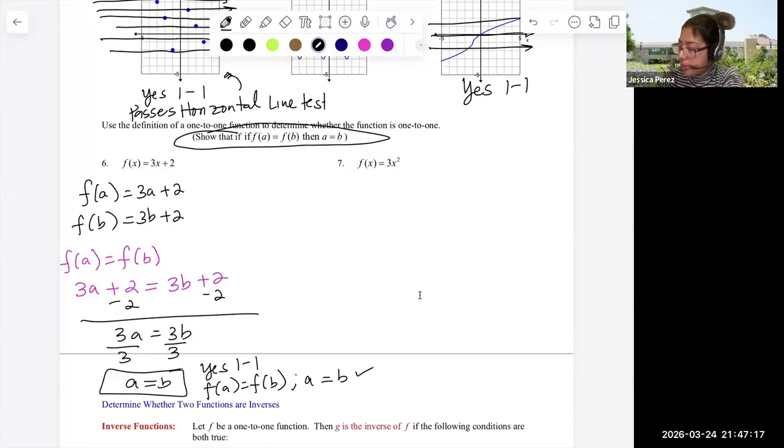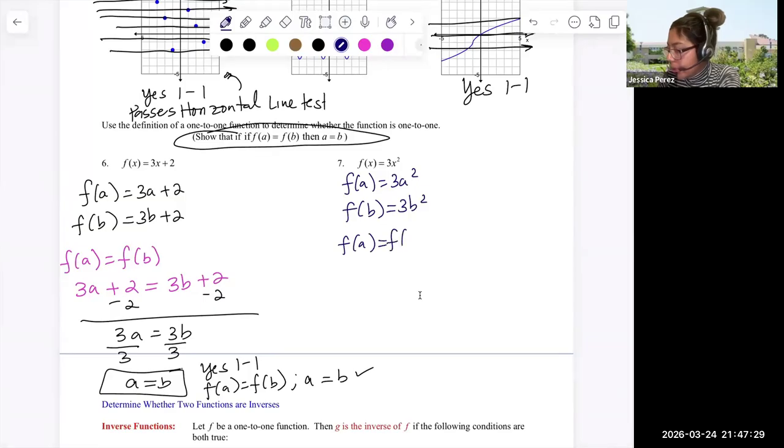Now, the next one, we find f of a, which is 3a squared, and f of b is 3b squared. Now let's equate f of a to f of b, so 3a squared is equal to 3b squared. Divide both sides by 3, and that gives a squared equals b squared. But wait a second.